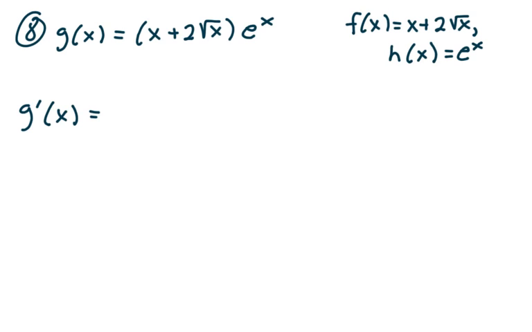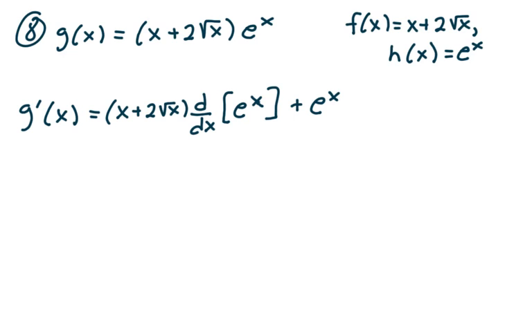Now, I'm going to write down the first function, which is x plus 2 square root of x. And I'm going to multiply that by the derivative of the second function, which is e to the x. Plus, I'm going to write down the second function, which is e to the x. And I'm going to multiply that by the derivative of the first function, which is x plus 2 square root of x.